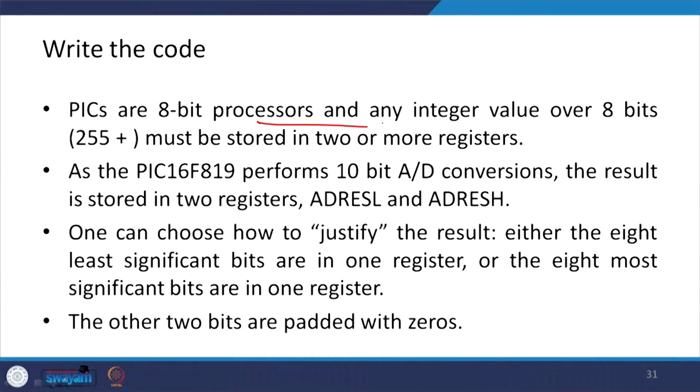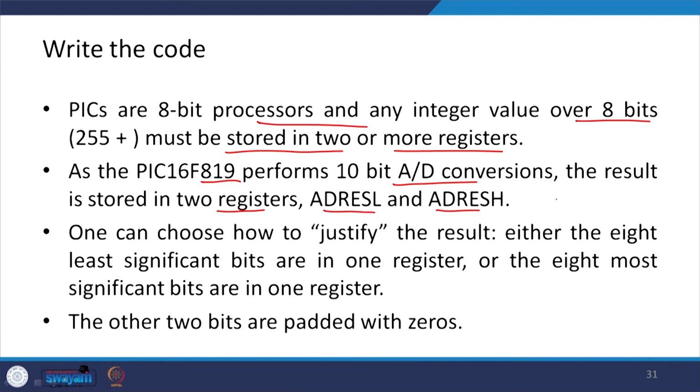Then coming to the next step, that is the writing of the code. PICs are 8-bit processors and any integer value over 8 bits must be stored in 2 or more registers. Okay. As the PIC 16F819 performs 10-bit analog to digital conversion, the result is stored in 2 registers, ADRESL and ADRESH.